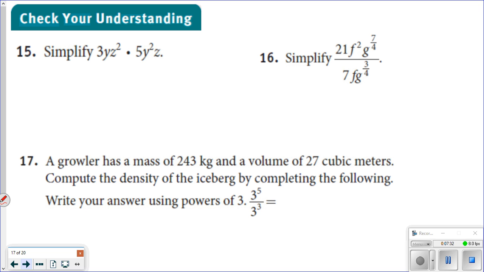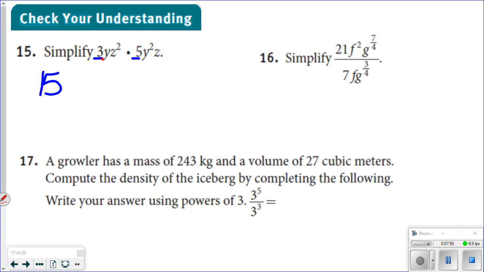I would like you to try questions 15 and 16, so go ahead and pause. Don't let the fractions scare you for 16. You can do it. So 15, 3 times 5 is 15.